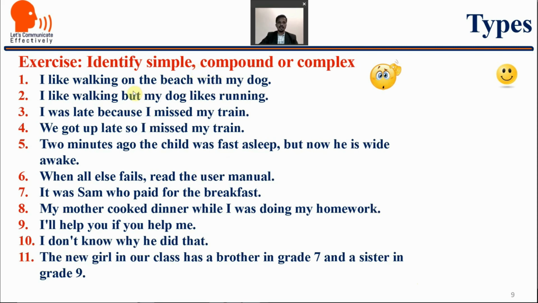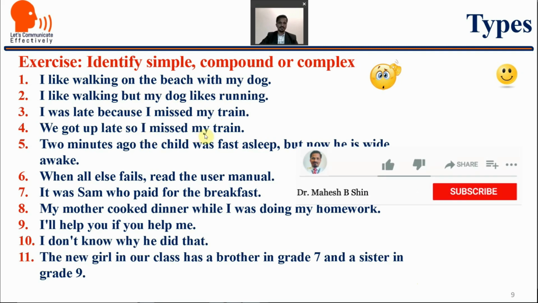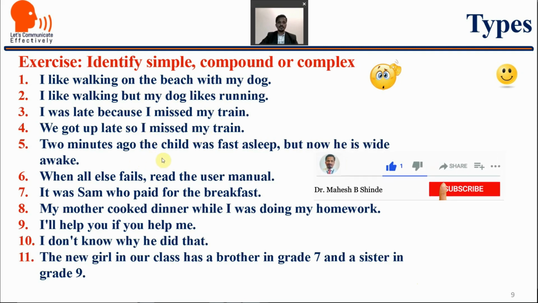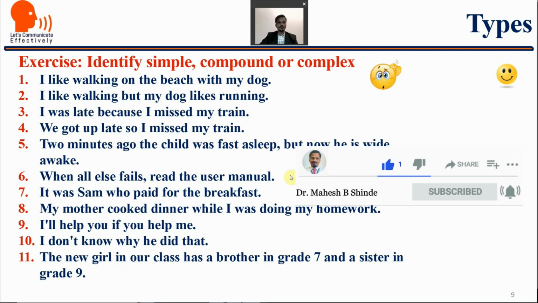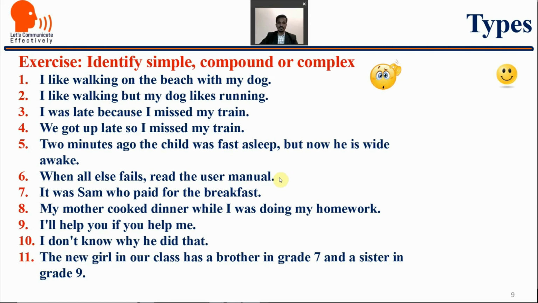First, I like walking on the beach with my dog. I like walking but my dog likes running. I was late because I missed my train. We got up late, so I missed my train. 2 minutes ago, the child was fast asleep, but now he is wide awake. When all else fails, read the user manual.